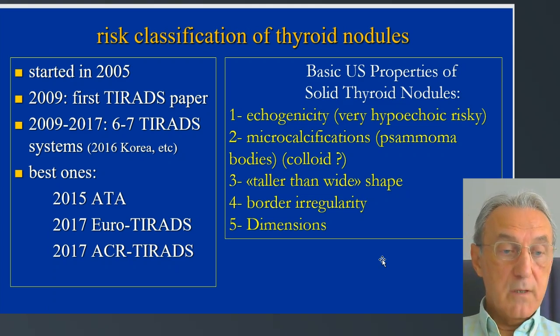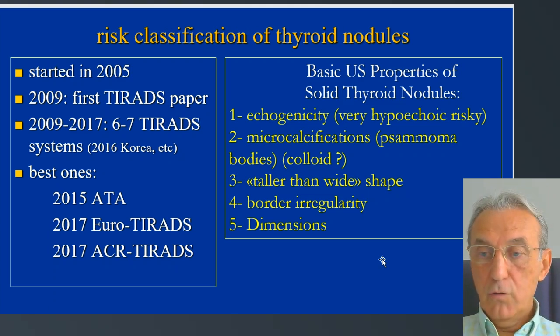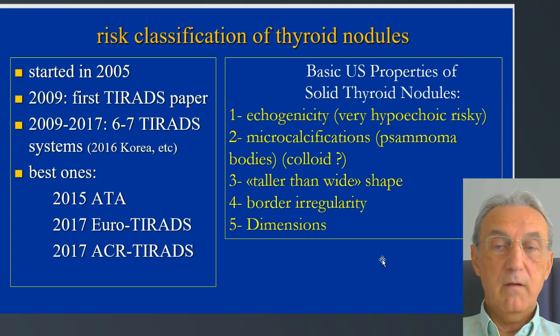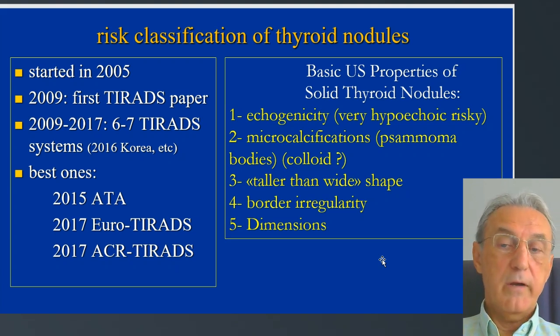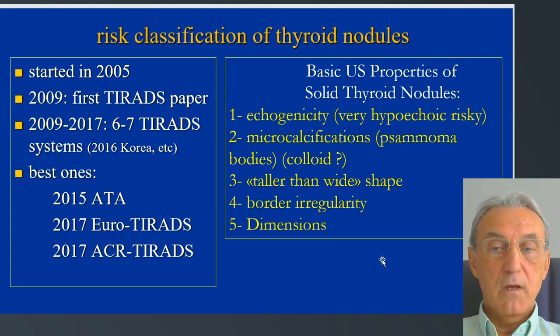So the risk classification of thyroid nodules should be done, and it was started in 2005. The first TI-RADS paper came out in 2009, and till now many thyroid classifications have been created, the first being Korean.